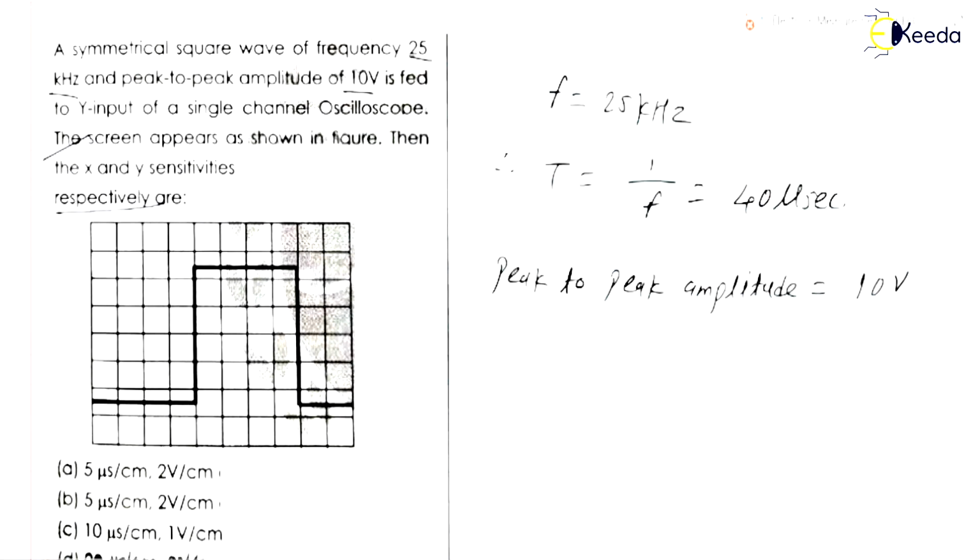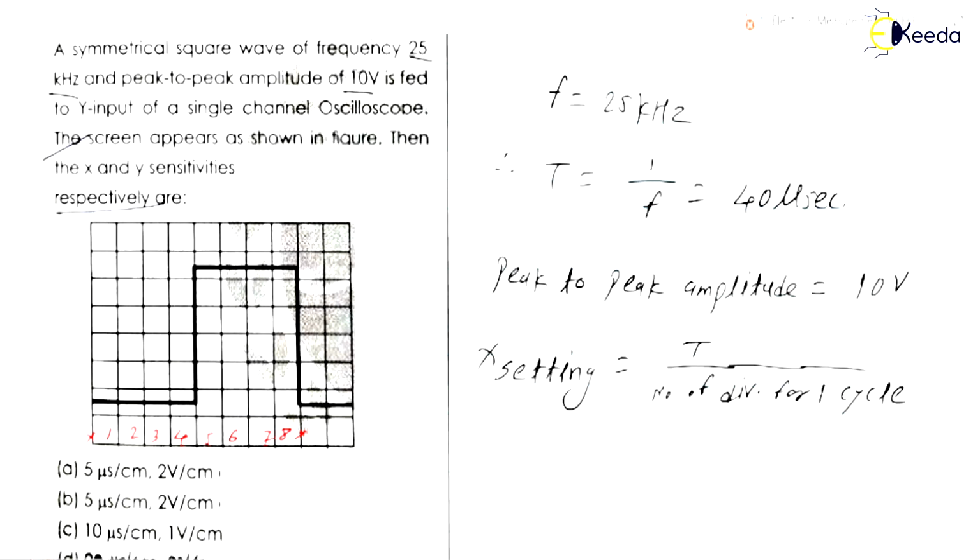Okay, so now for finding the X setting or X sensitivity, can we find the total divisions to complete one cycle? Yes, it is 1 2 3 4 5 6 7 8. We are having 8 divisions to complete one cycle. So we can write X setting is equal to time t divided by the number of divisions for one cycle.